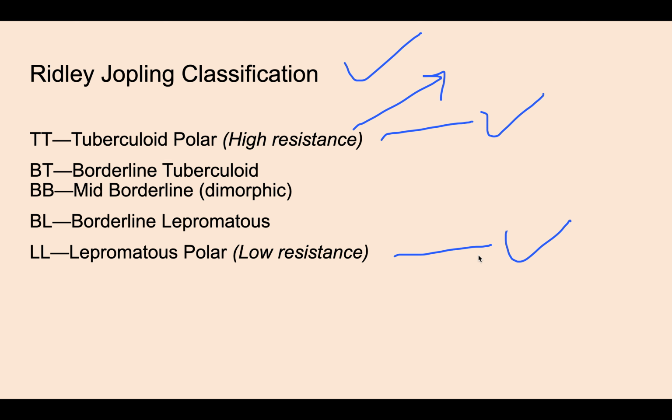The patient will try to have immunity against the bacilli. Then you have lepromatous leprosy in which the bacteria are high in number but the cell mediated immunity is low. And in between you have borderline categories: borderline tuberculoid, mid borderline, and borderline lepromatous.